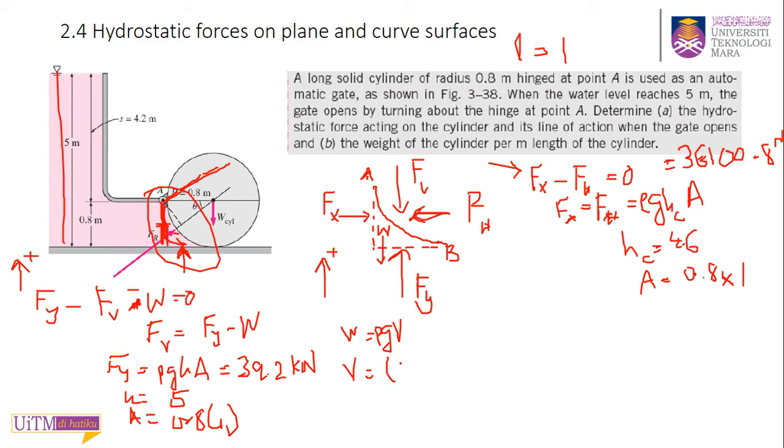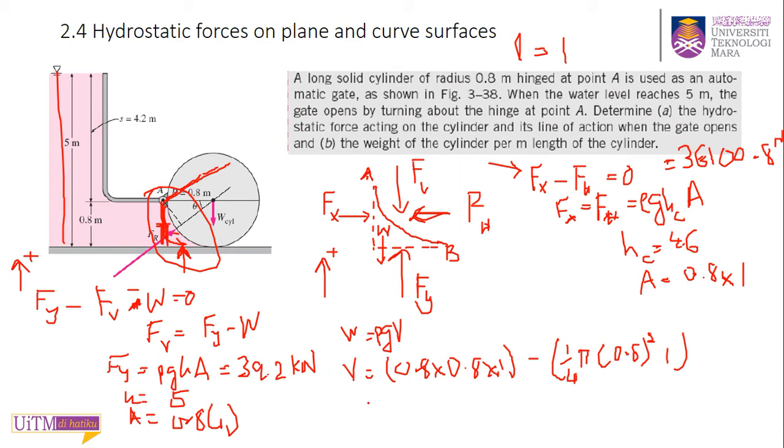Cuboid: 0.8 times 0.8 times 1. Okay, correct. Minus one over pi r squared over 4. Pi r, what's r? Our r is 0.8. 0.8 squared times 1, the length of 1. Okay.